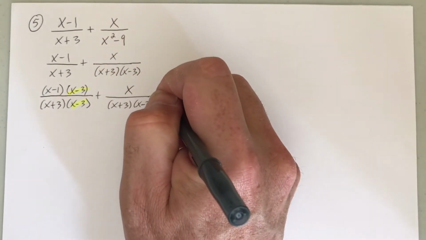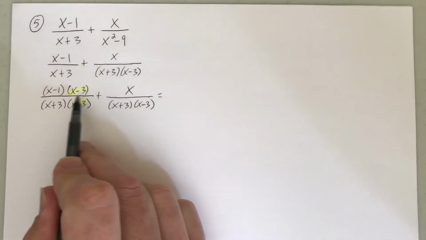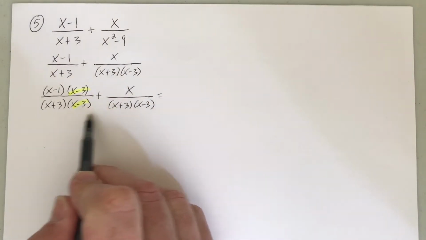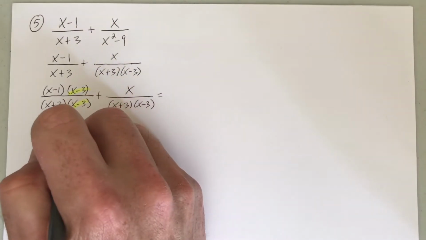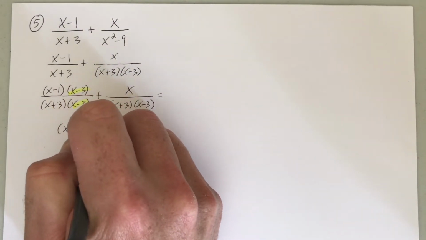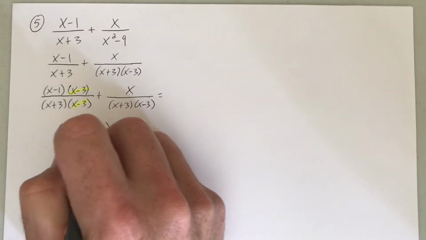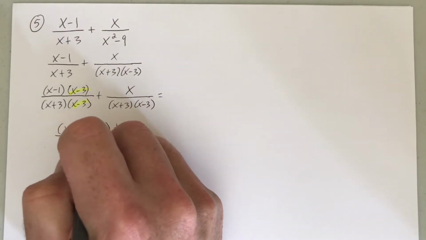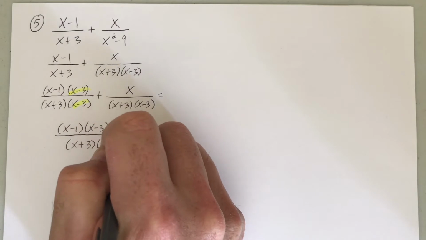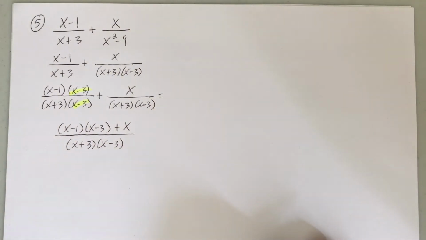So now we can go ahead and add our numerators and put that over our common denominator. So that's going to be x minus 1 times x minus 3 plus x over x plus 3 times x minus 3.